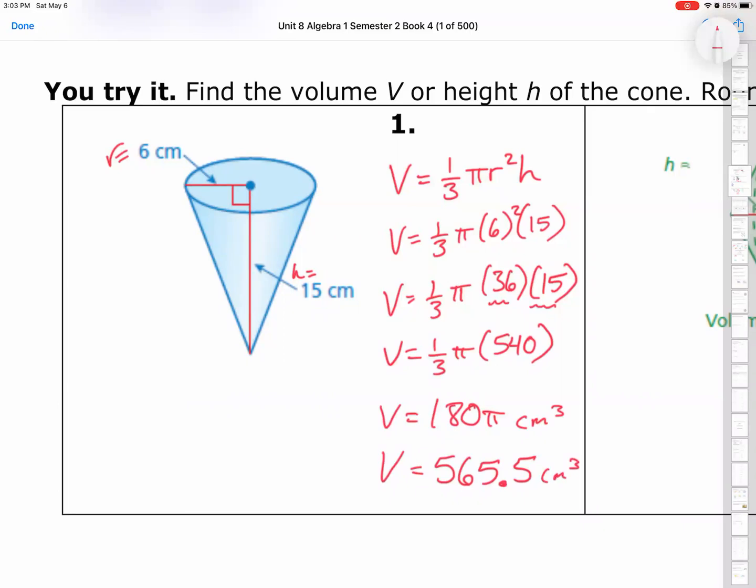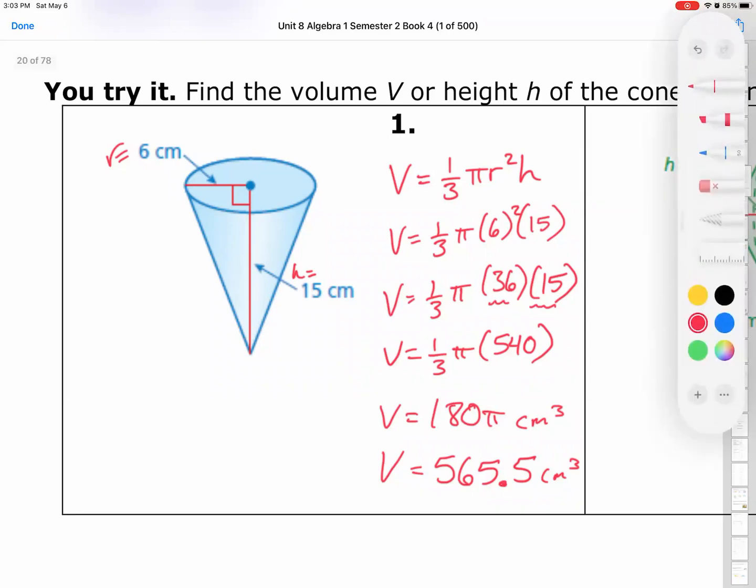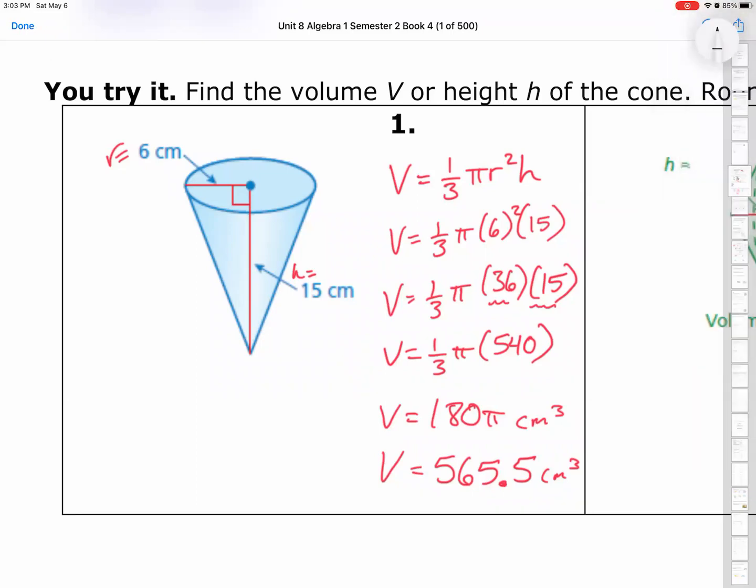Now, I've had students ask me in the past, hey, Mr. B, since we use pi to get the approximate value, technically, to the letter, this would be approximately equal. But from my experience, most teachers are okay with the equal sign, because you're working with pi, and it's assumed that because it goes on forever, it's going to give you an approximate value anyway.